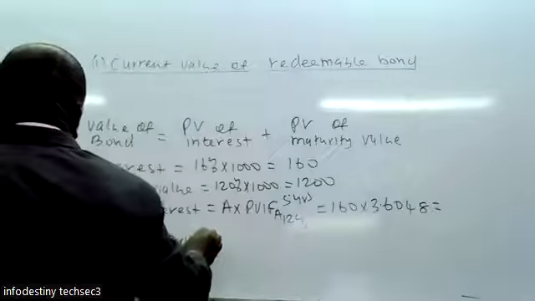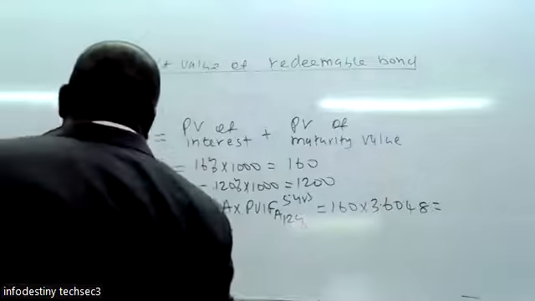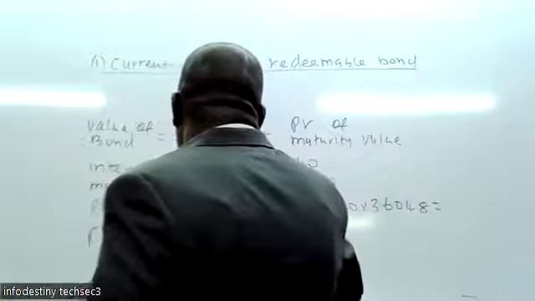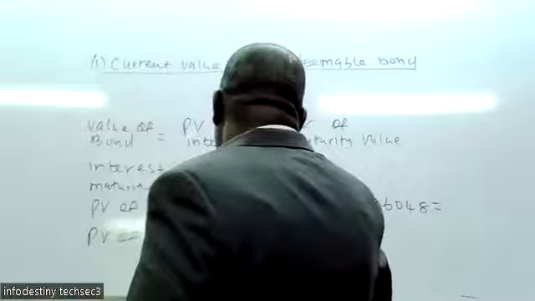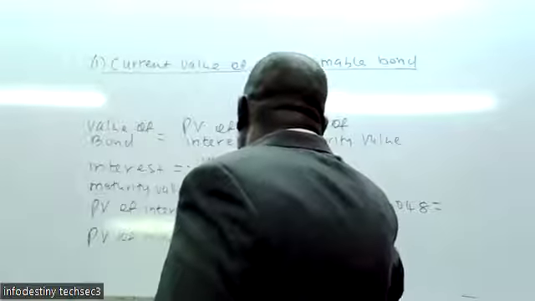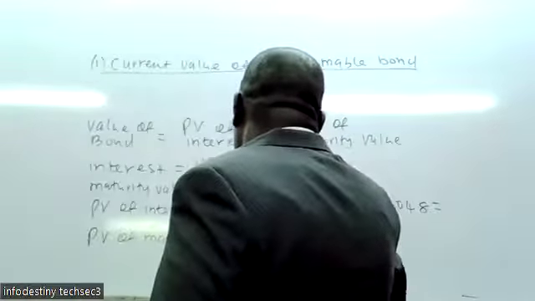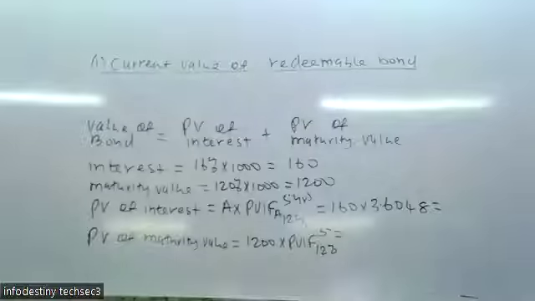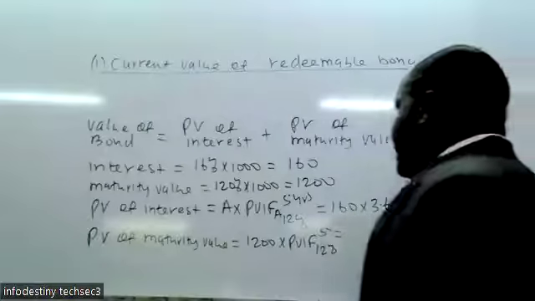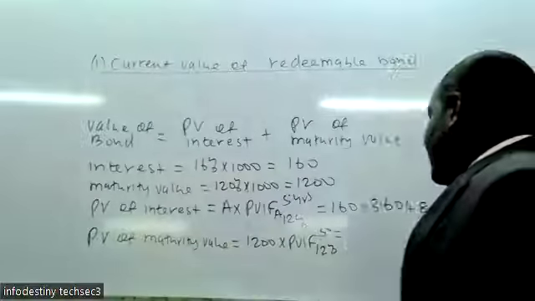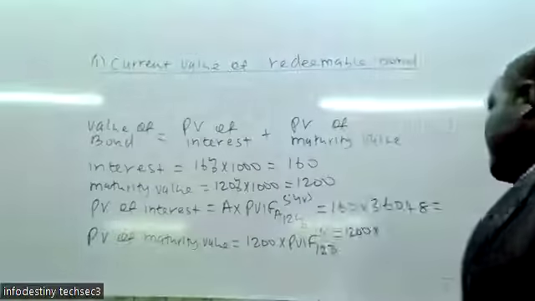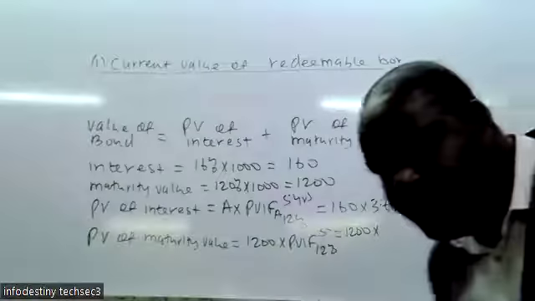Then there is also the present value of the maturity value. This one we only receive once. So we use 12% in year 5.